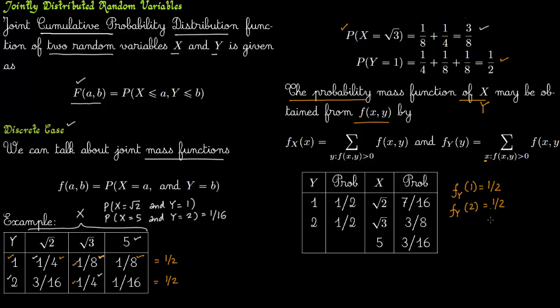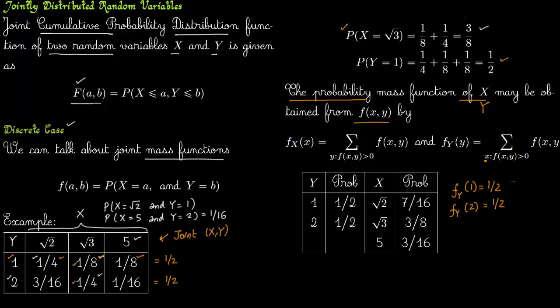As you can see, their sum is 1, so it is a valid mass function for random variable y. Notice we have found the mass function for y from the joint mass function of x and y.